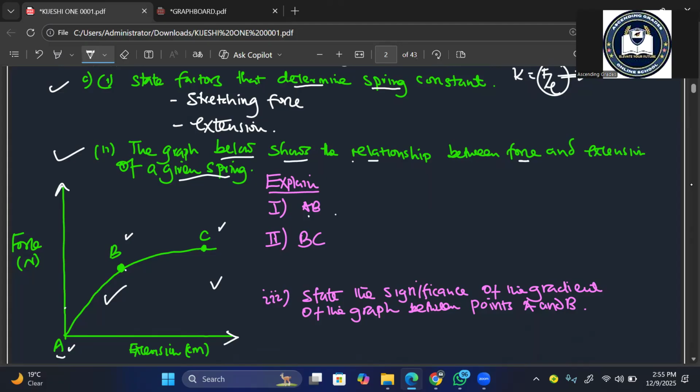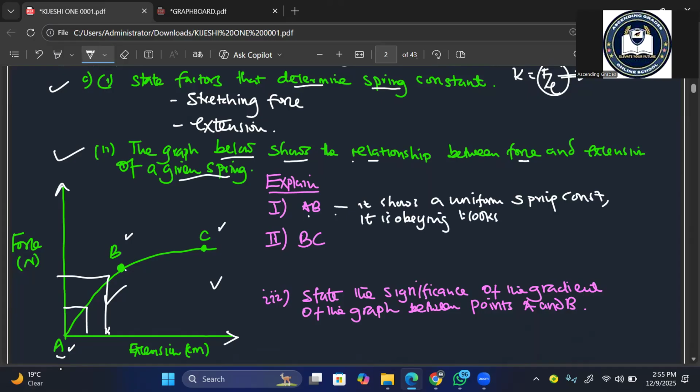So if you look at these parts, then you can say that the spring constant is uniform. It shows a uniform spring constant. Or you can say it is obeying Hooke's law.